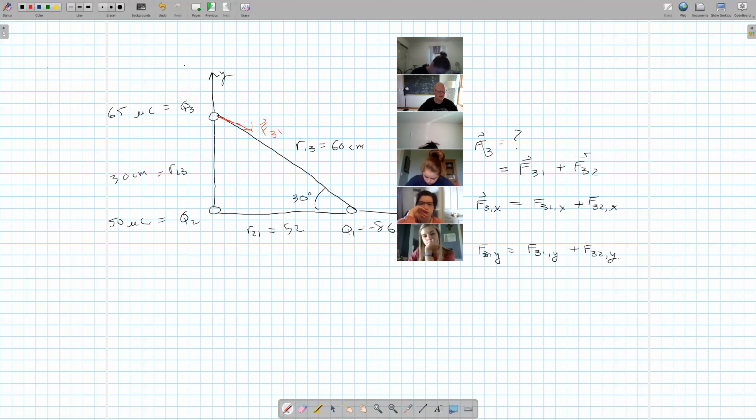Q3 is positive, and Q2 is also positive. So is that an attractive force or a repulsive force? Repulsive, right? So this force is going to point in this direction. This is F32, which will only be pointing along the positive y-axis.